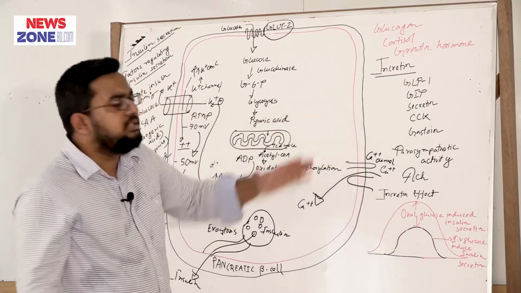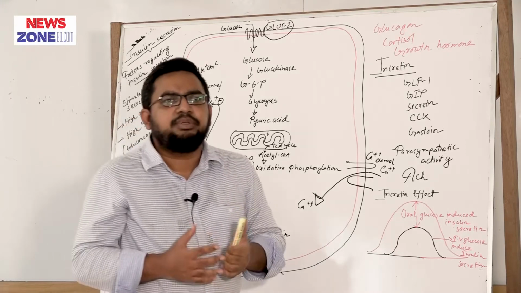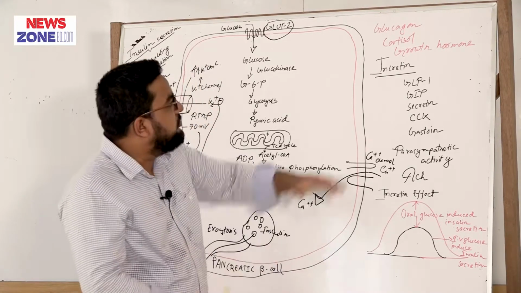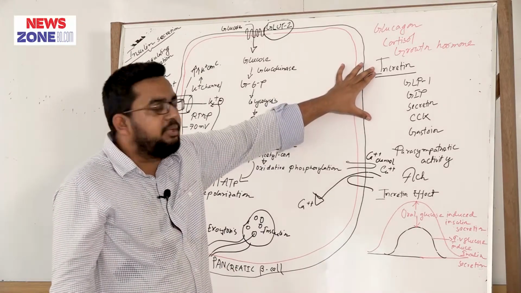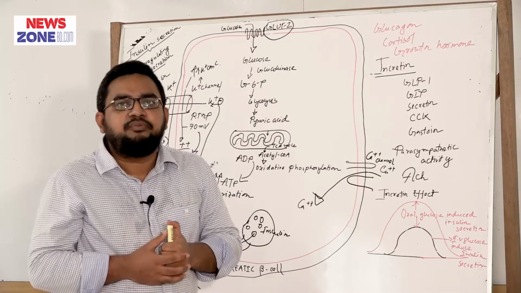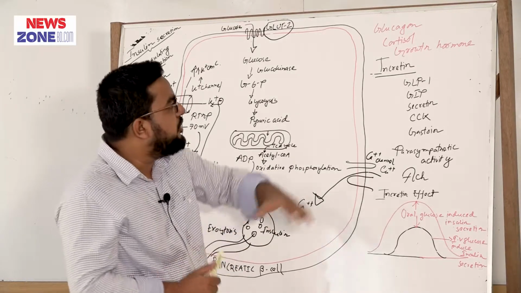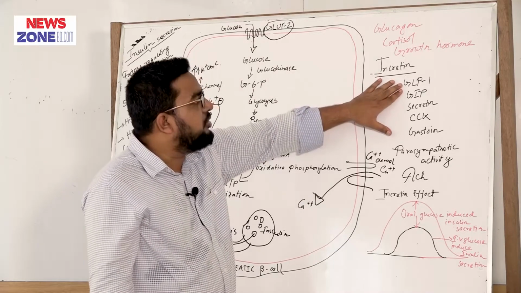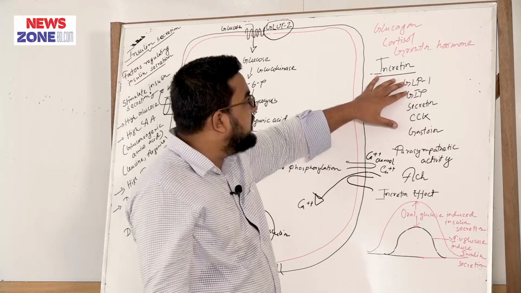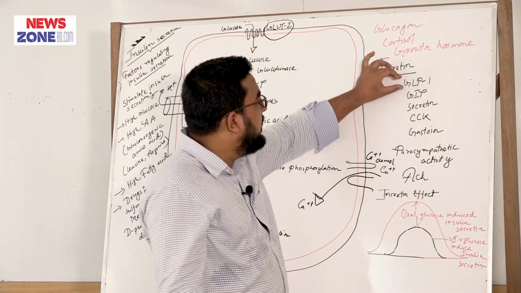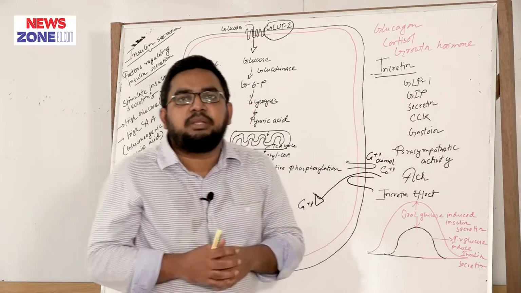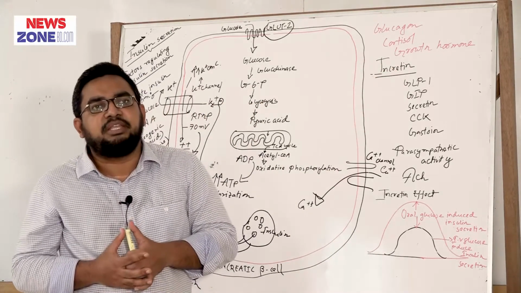There are some drugs that we call the incretin mimetics: sitagliptin, vildagliptin, linagliptin. These drugs act as DPP4 inhibitors. What is a DPP4 inhibitor? The GLP-1 analogs, liraglutide and albiglutide, are important drugs, and GLP-1 is broken down by the dipeptidyl peptidase enzyme 4.